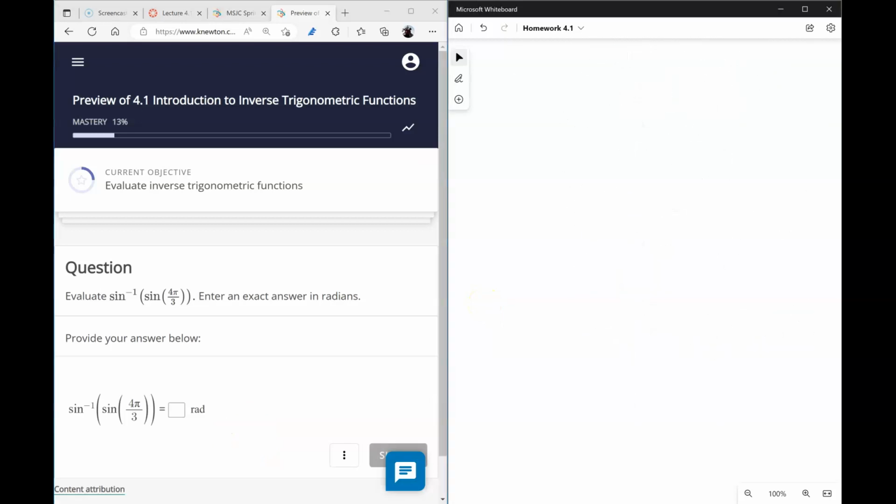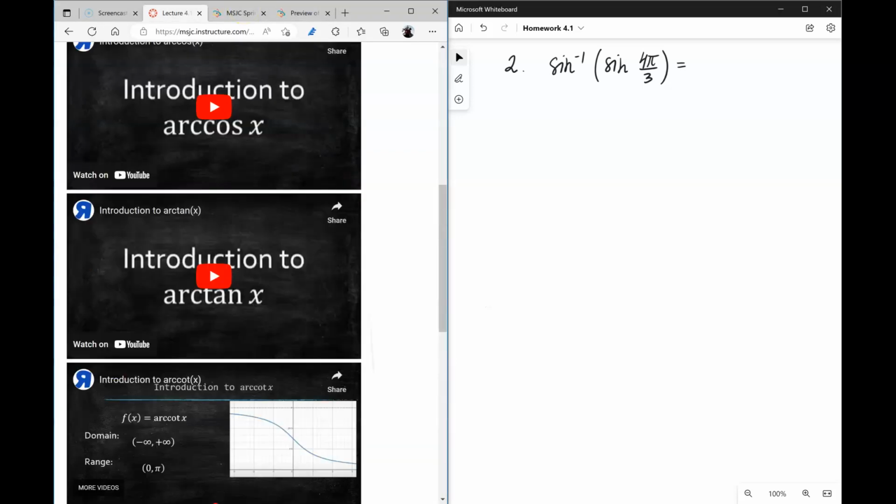Similar problem, but with sine. So we have sine inverse of sine of 4 pi over 3, and the range of sine inverse we can check.